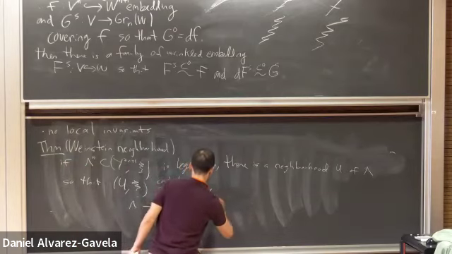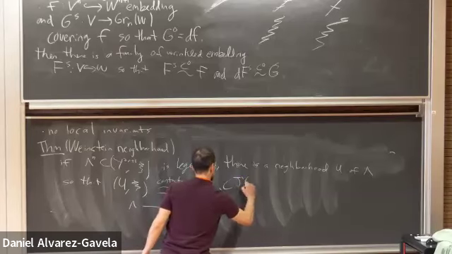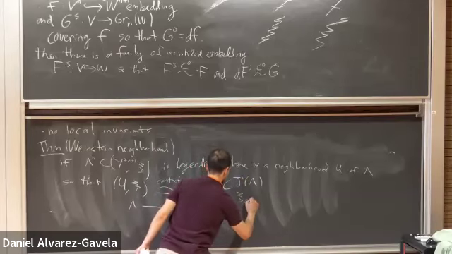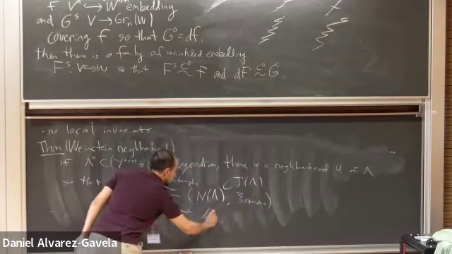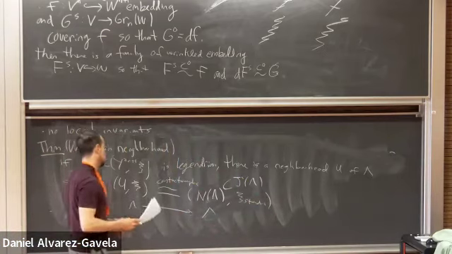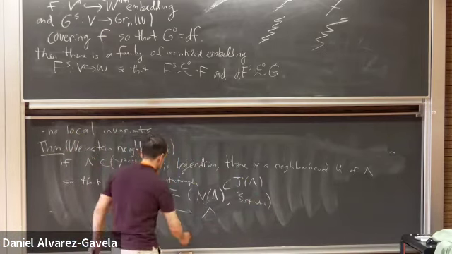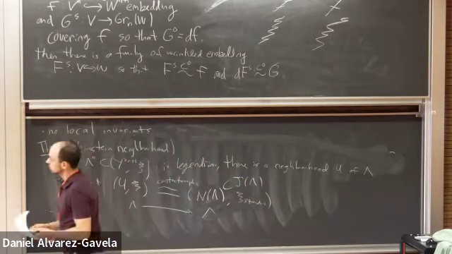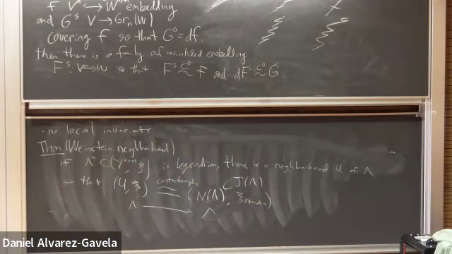Let's say it's a neighborhood of Lambda. I thought you could take the one jet space, but you could definitely take the neighborhood. Okay, so there's no local invariance, which means that you have to study the global theory.